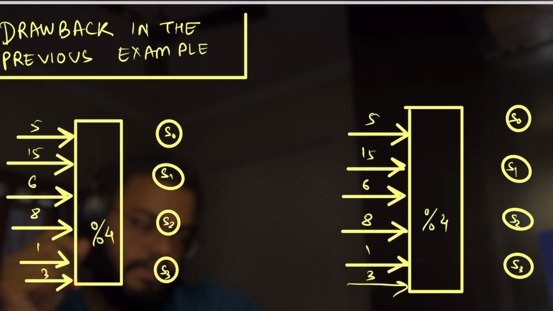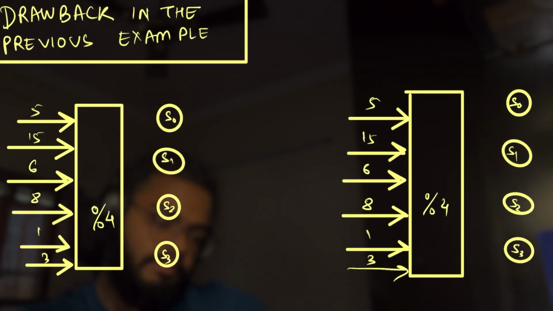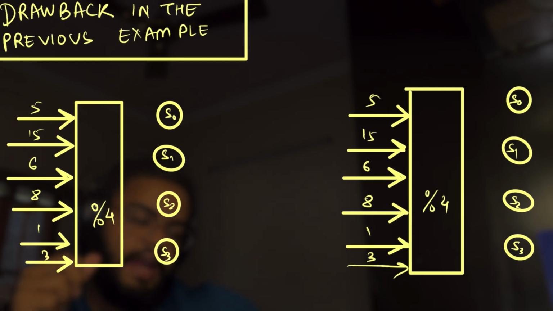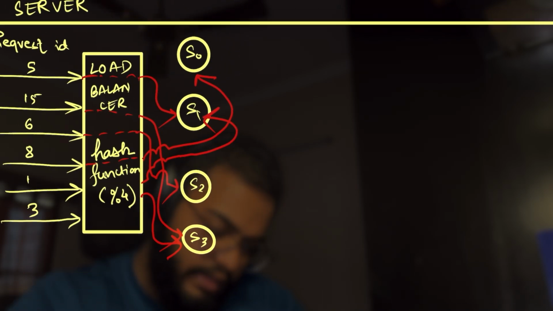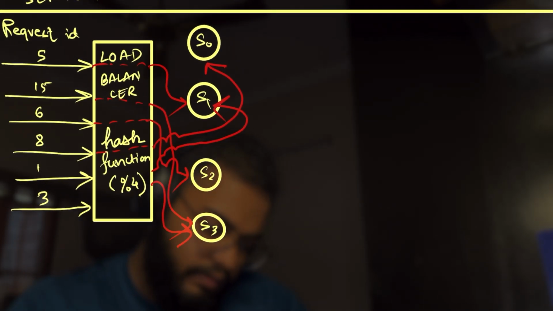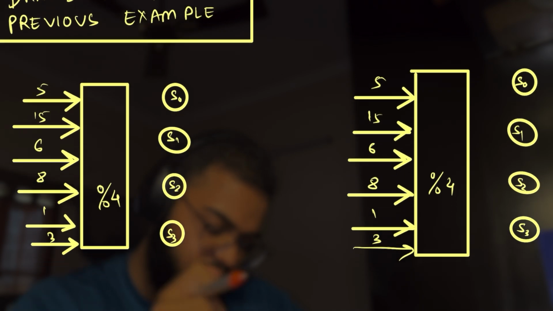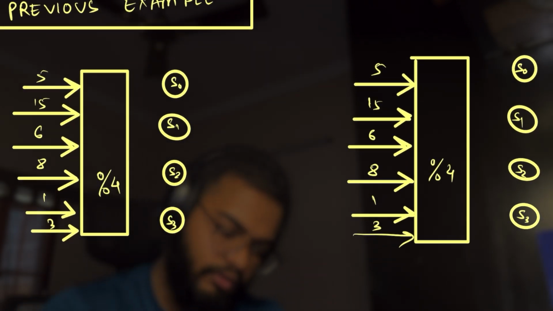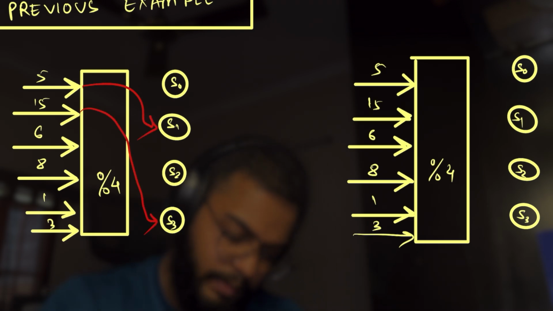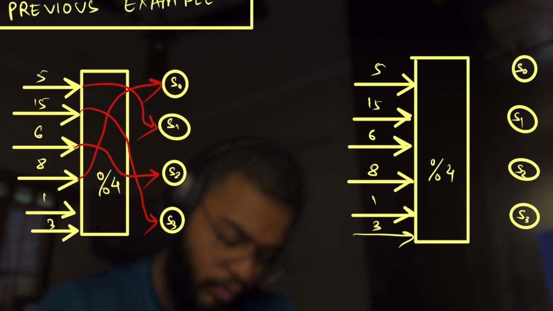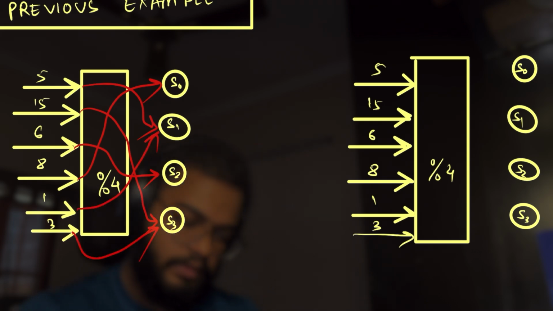The problem lies in the fact that whenever we are removing or adding a server, things break. Let me copy the previous example over here: 5, 15, 6, 8, 1 and 3. So 5 would be mapped to 1, 15 would be mapped to 3, 6 would be mapped to 2, 8 would be mapped to 0, 1 would be mapped to 1, and 3 would be mapped to 3.